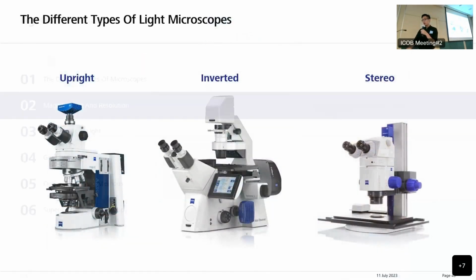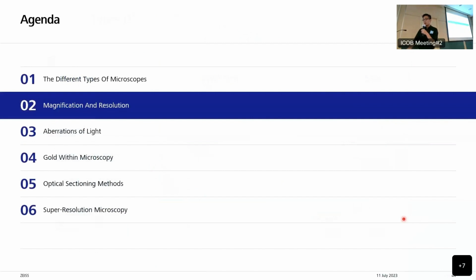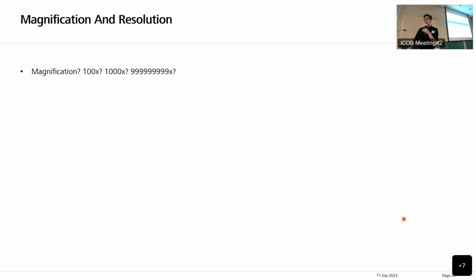Okay, let's keep going. So now we need to go into some theory aspects. Why do we need to use a microscope? We all know the reason. We want to zoom in to see the tiny samples more clearly.